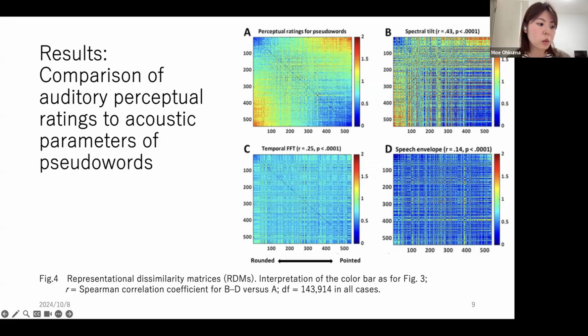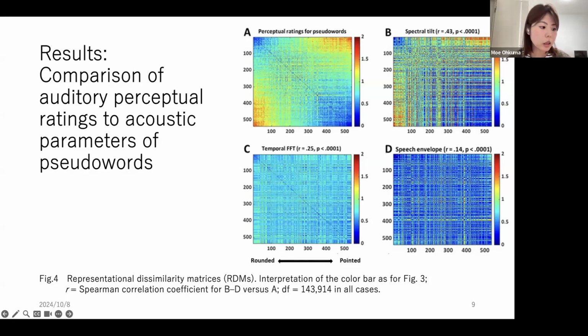They computed the second-order correlation between the RDM for auditory perceptual ratings and that for each of the acoustic parameters. After correction for multiple comparisons, there were significant positive correlations for spectral tilt, temporal FFT, and speech envelope.